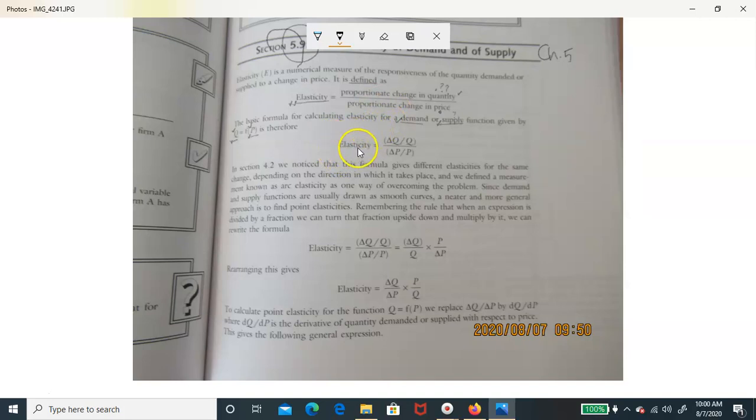Now in notation we can write elasticity like this: change in quantity delta Q divided by quantity, and change in price delta P divided by price. That ratio gives us elasticity.